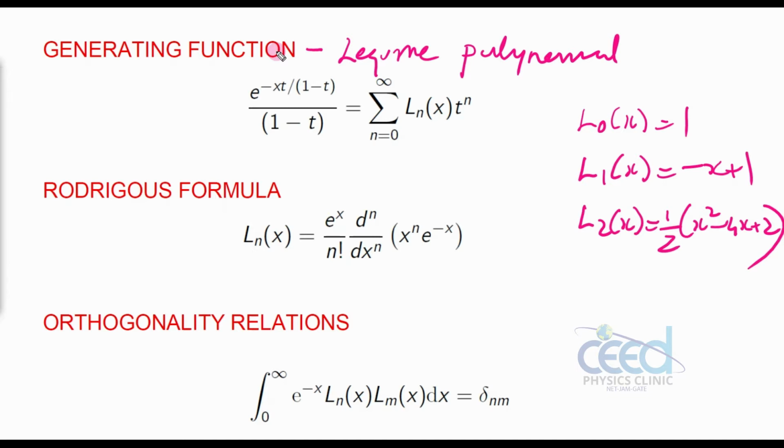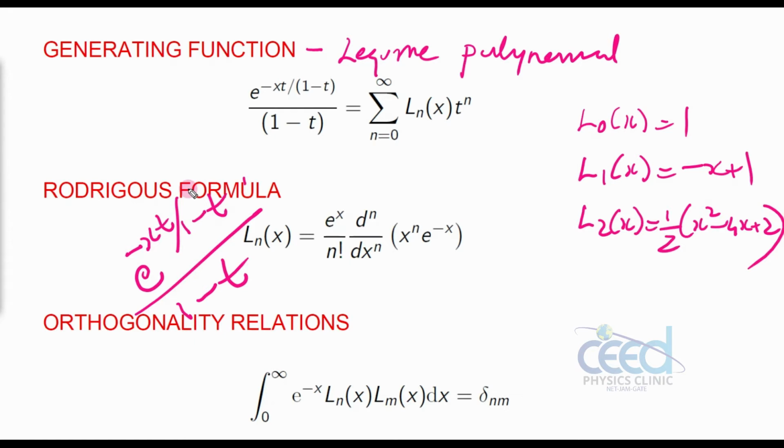Suppose generating function is defined as we have seen in Hermite polynomial in my previous lecture. There we have discussed the generating function. Similarly, here also we have an exponential function, that is e raised to minus xt whole raised to 1 minus t, whole divided by 1 minus t. This is the function.